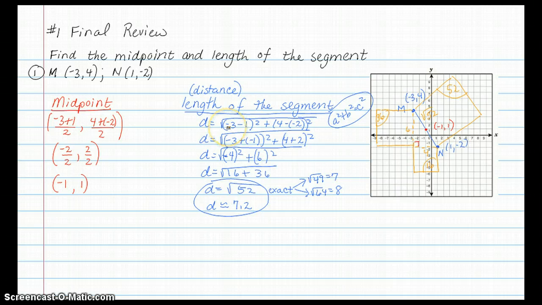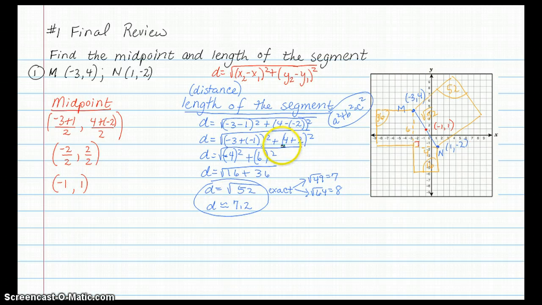Here's how we got it. The distance formula is the square root of x sub 2 minus x sub 1 squared plus, in parentheses, y sub 2 minus y sub 1 squared. So I took -3 minus 1, squared it, and then I took the corresponding y value, 4 minus -2, squared it.